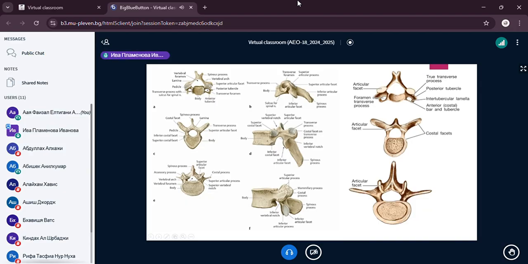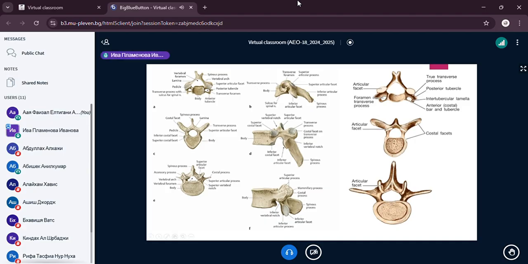Here we have the superior articular facet for the adjacent vertebra. That's the lateral view. The body, spinous process, inferior articular and superior articular facets.